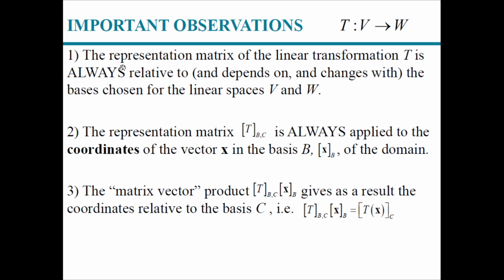So what we learned is that the representation matrix of a linear transformation T is always relative to the basis chosen for the linear spaces V and W. It always depends on the choice of basis for the linear spaces V and W, and it changes each time we change a basis for V or a basis for W. So this representation matrix is really connected to the linear transformation, but also to the basis chosen for the domain and codomain.